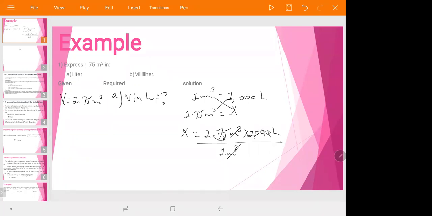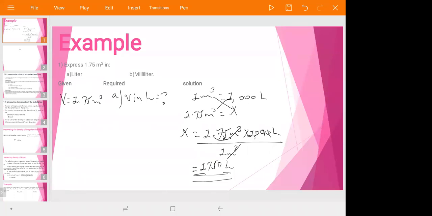Again, when you cancel the next zero, the decimal becomes the end point. That means 175 times 10. Therefore, how many? 1,750 liters is your answer.